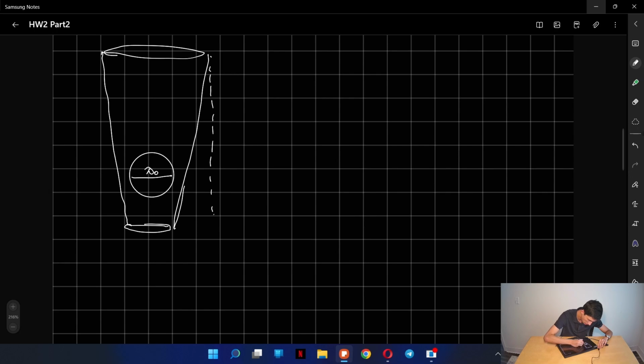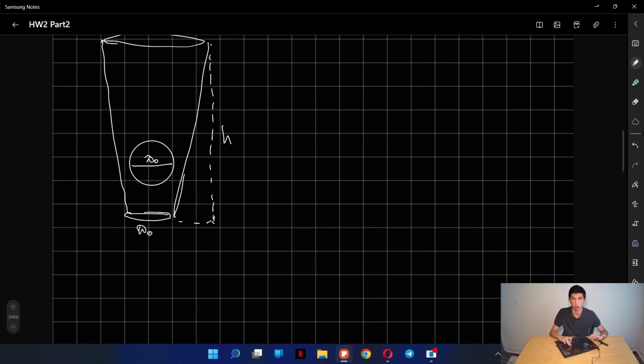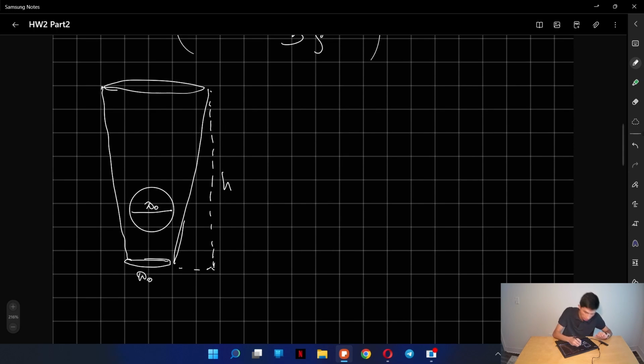We know that this is going to be our height, and this is going to be our D0. So we can say that our diameter is going to be equal to D0 plus mh. M here is how steep it is, similar to a slope, right?